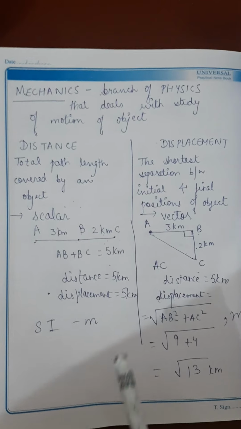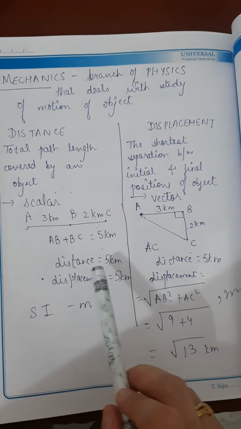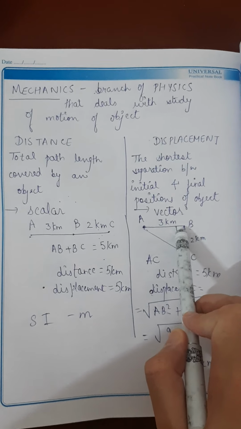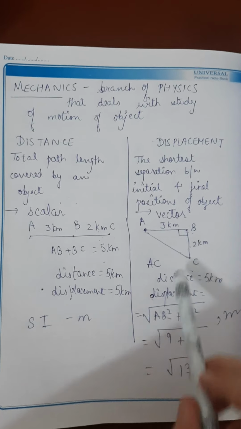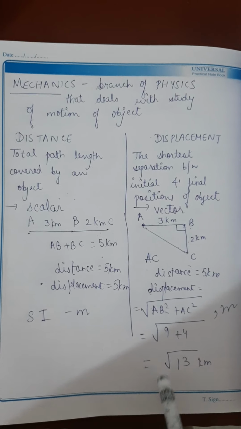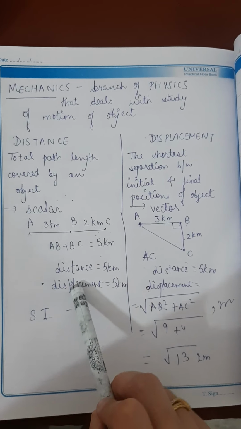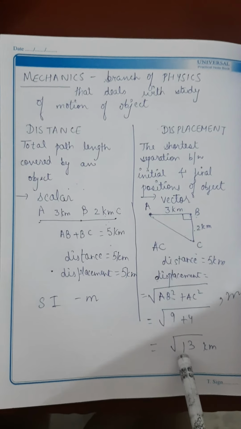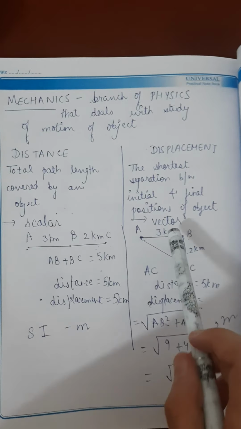Fine. So here in both the cases distance covered is 5 kilometers, whereas with the change in direction the displacement changes. So the quantity that is changing with the change in direction is displacement only. Therefore displacement is a vector quantity.